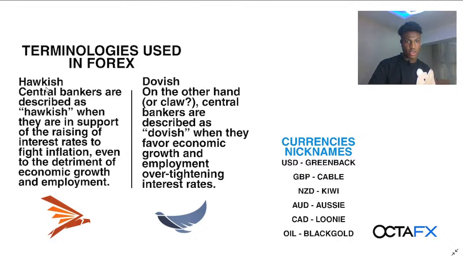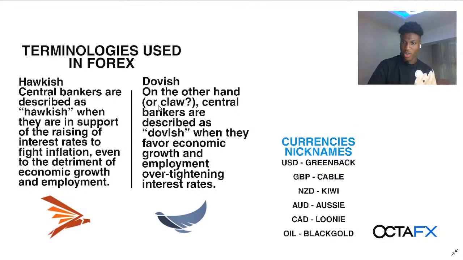Okay, now the central bankers release news, right? And when they release this news, they tend to be hawkish sometimes and dovish sometimes. Now, when the central bank is hawkish, in layman's terms, they're trying to stop the economy from growing too fast.